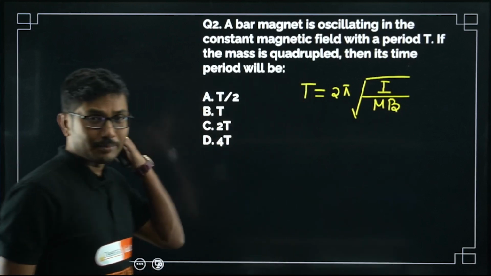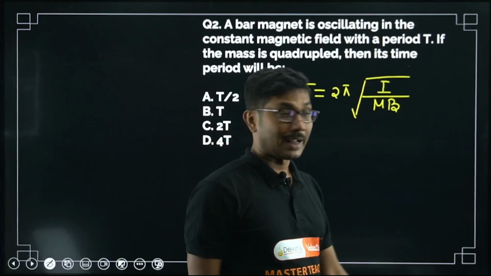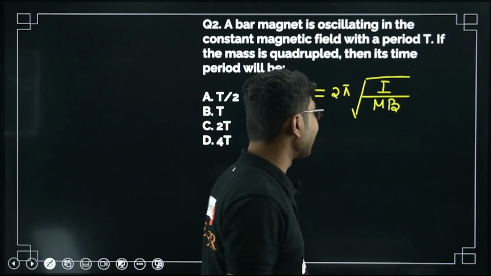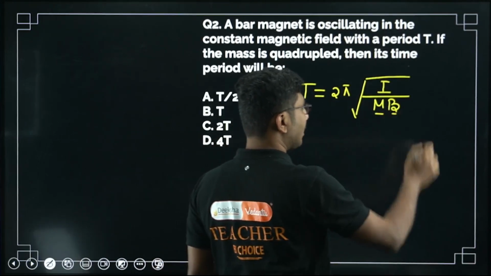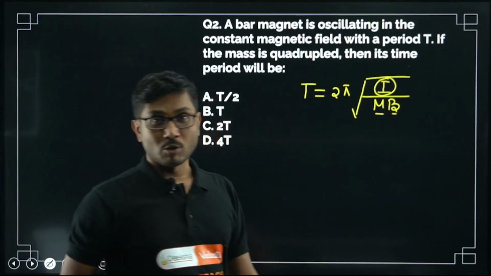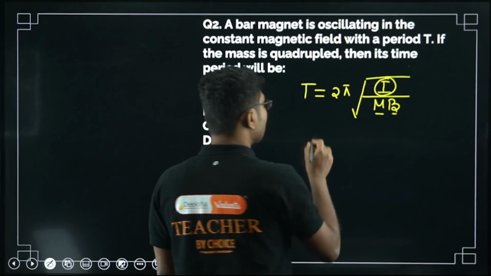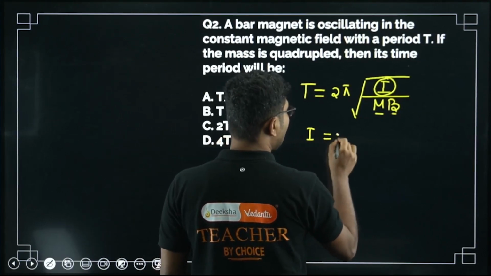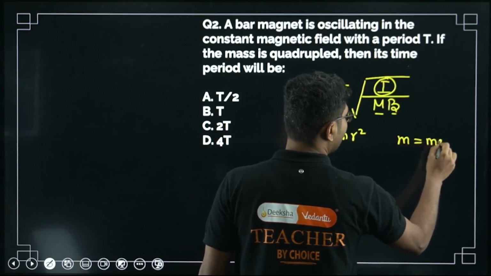Capital M is the magnetic dipole moment, B is the external magnetic field, and I is not current, I is the moment of inertia. Moment of inertia is basically small m r square, where small m is the mass.